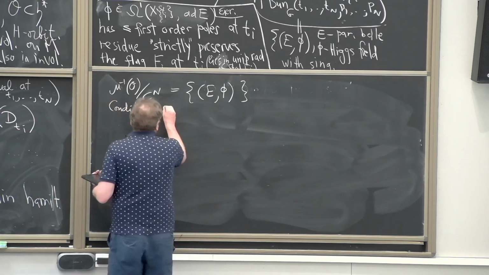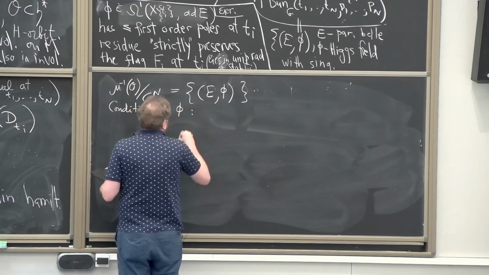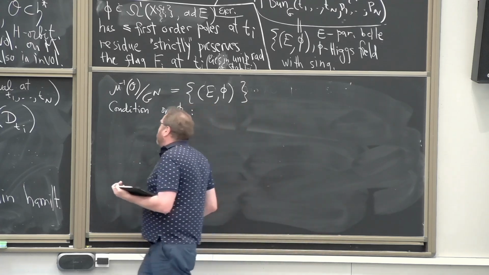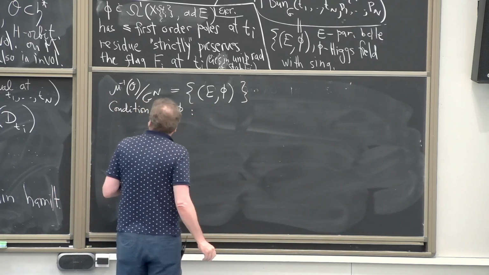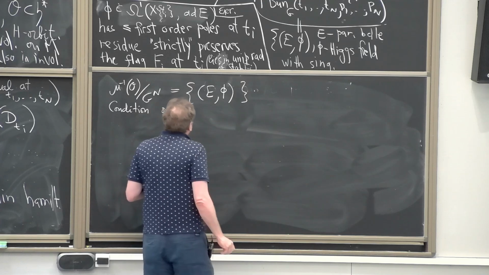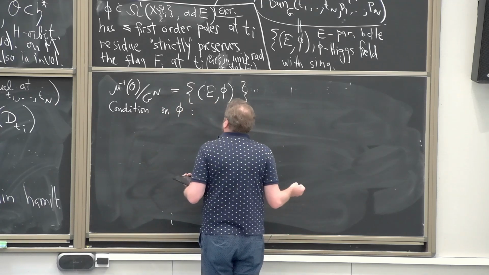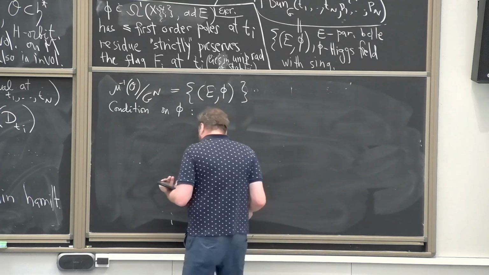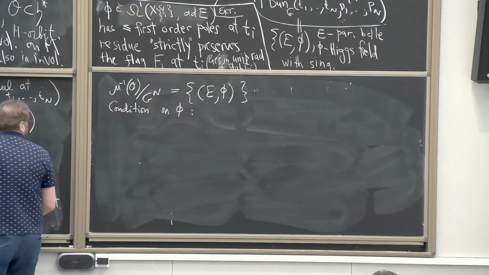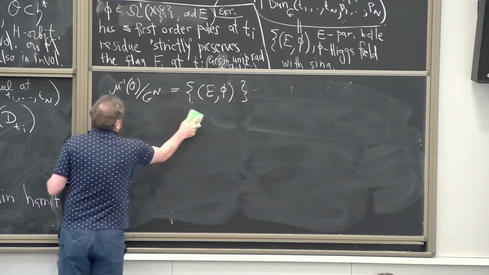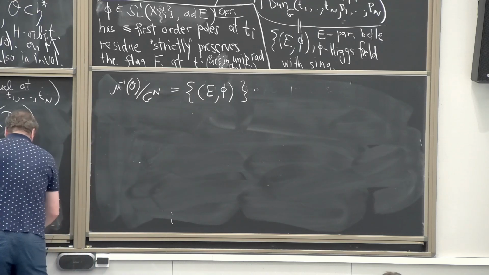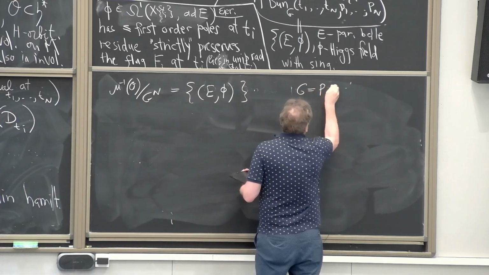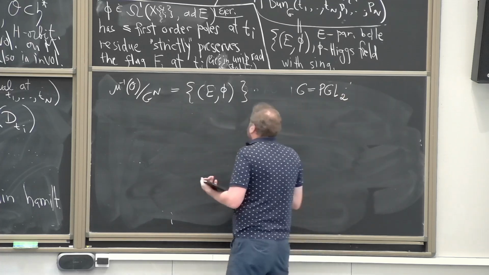But let me just explain what the condition on phi will be. So let's take G equal to PGL2.